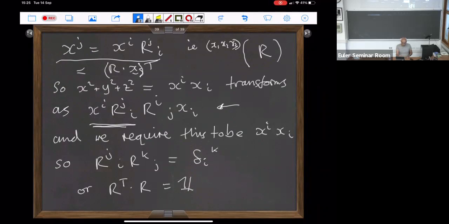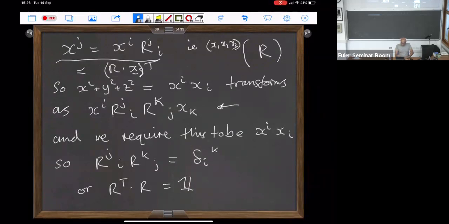And so you wouldn't know which i to sum over if you did it that way. And if you summed over the wrong one, you would get the wrong answer. So I've introduced a new label. Summed over labels, you can call them anything you like. I could have chosen any symbol there. But it's important that it's not the same as any other previous symbol that's being summed over.